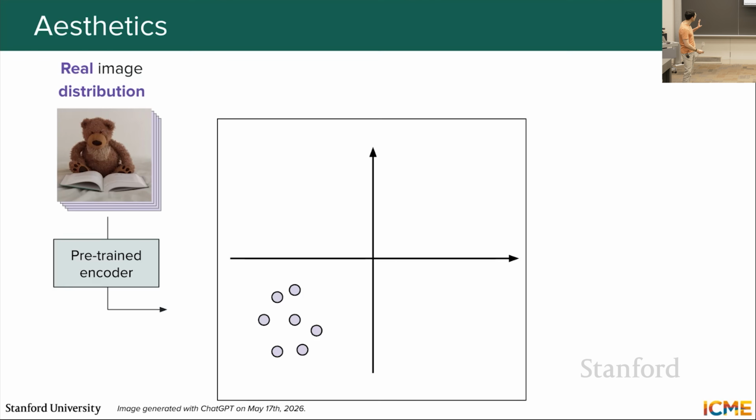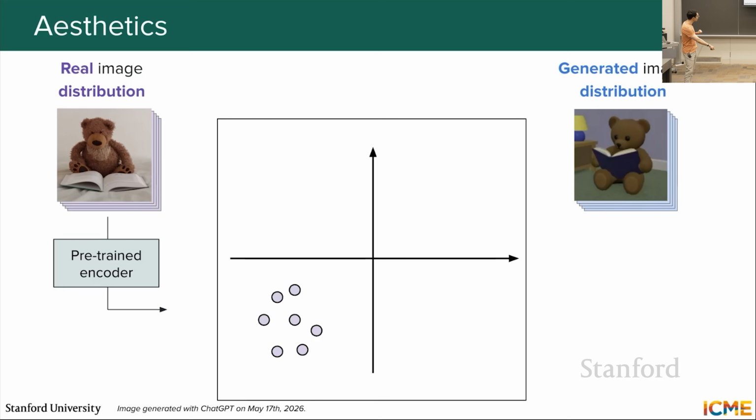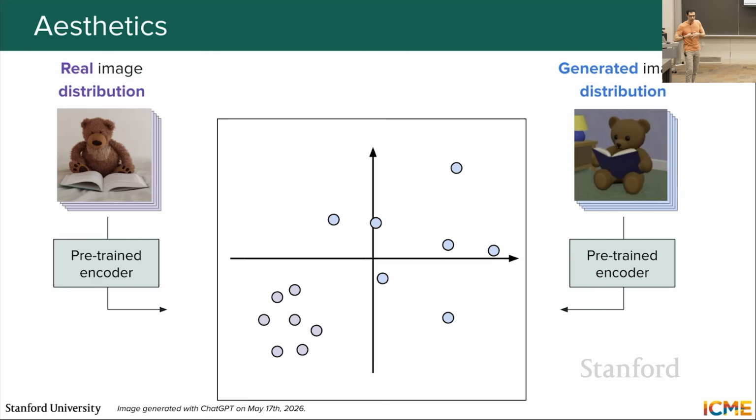We can do that with the set of real images. And in parallel, we can also take our generated images and also let them go through that pre-trained encoder so that they can also be represented in that same space. So the idea here is to try to compare how these two resulting distributions in this space compare.